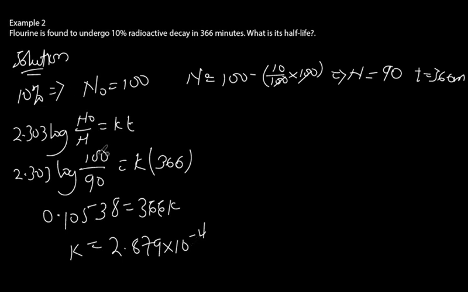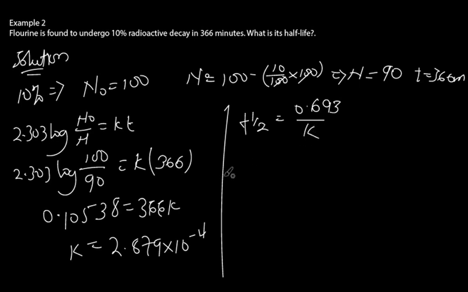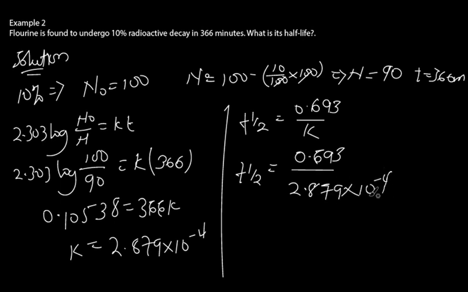Now with that decay constant being known, you can go on ahead and say its half-life is equal to 0.693 divided by k. So our half-life, which we are asked to find in this particular case, is 0.693 divided by 2.879 times 10 raised to the power minus 4.